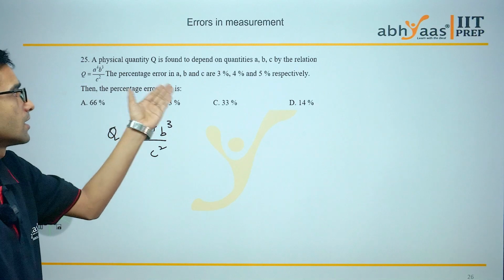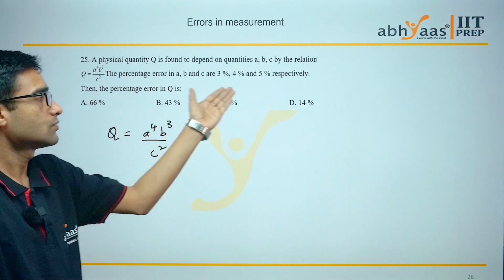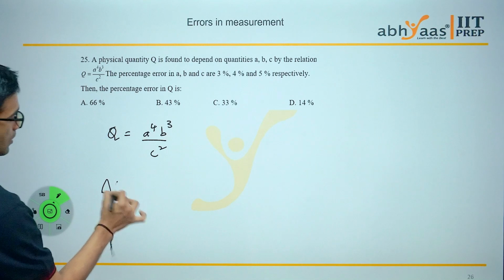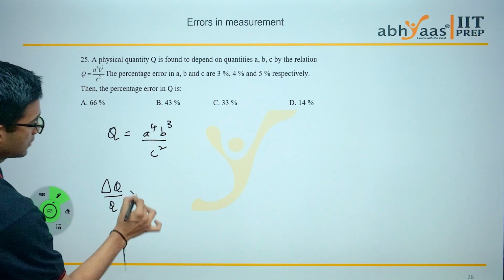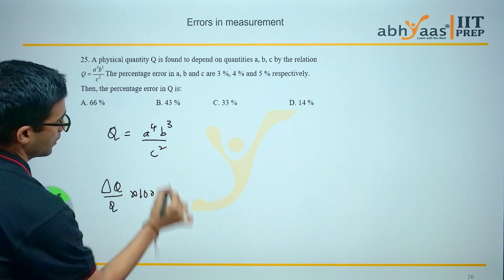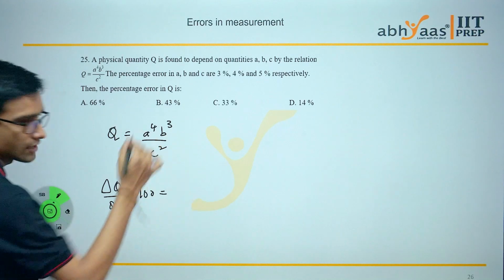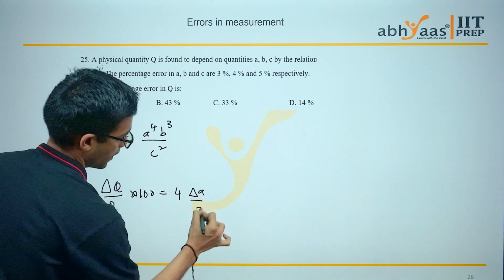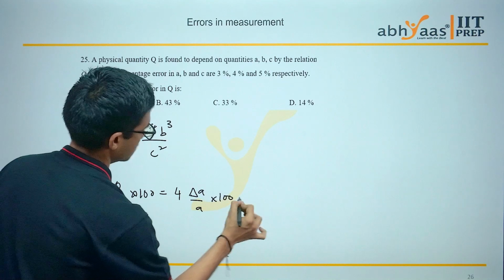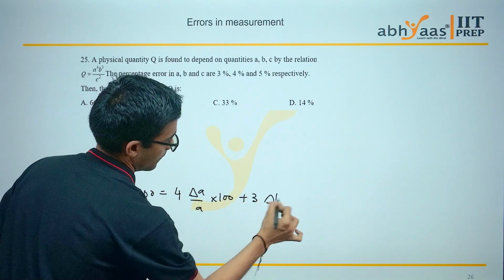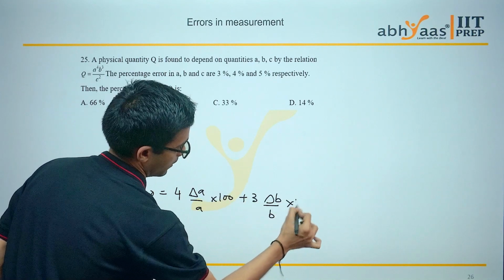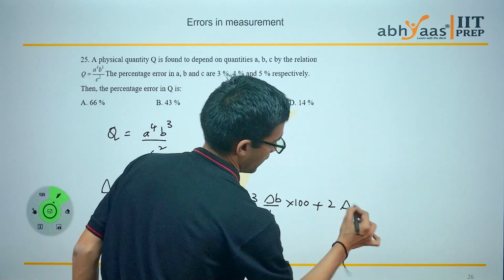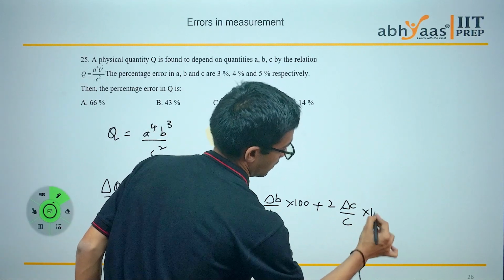Percentage errors in A, B, C are 3%, 4%, 5%. He is asking for delta Q by Q. A power 4 gives 4 into delta A by A into 100 plus 3 into delta B by B into 100 plus 2 into delta C by C into 100.